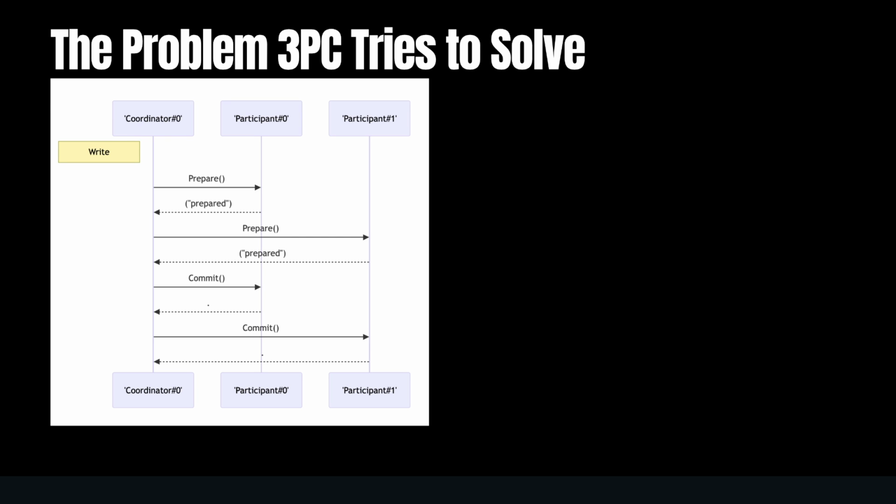They don't know whether to commit or roll back, leading to resource starvation and reduced availability. This is the blocking problem. Participants are blocked until the coordinator recovers or manual intervention occurs. 3PC was conceived as a way to overcome this very limitation.